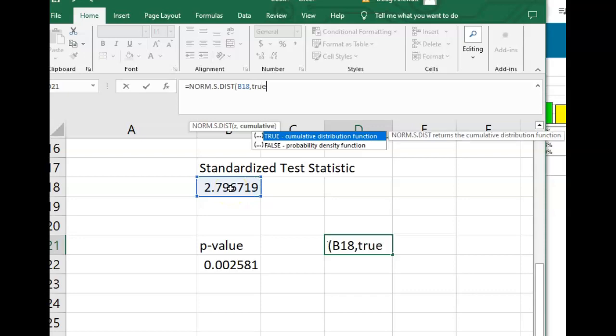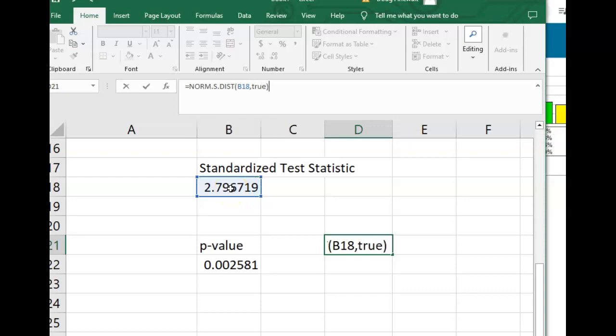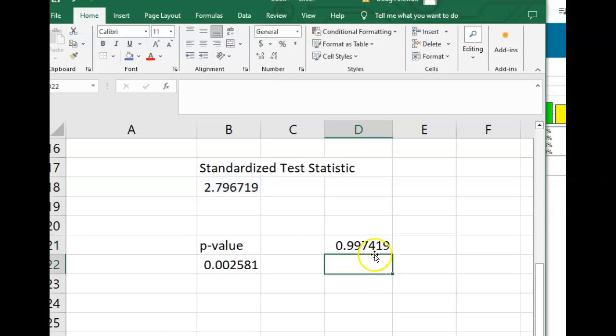So we always type in true here, and Excel is always giving us a left-hand, less-than probability. So 99% of the time you're going to get a test statistic that is less than 2.79 away from the mean. So this is to the right of the mean. It's greater than the mean because it's positive, and it's very likely to get something there or less.